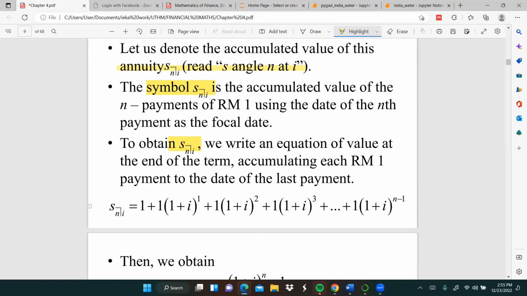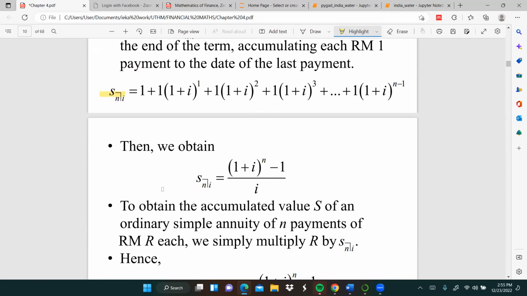So this is how we can find S angle n at i: 1 plus 1 times (1 plus i) to the power of 1, and it keeps on increasing until 1 times (1 plus i) to the power of n minus 1. So in conclusion, S angle n at i is equal to ((1 plus i) to the power of n minus 1) over i.